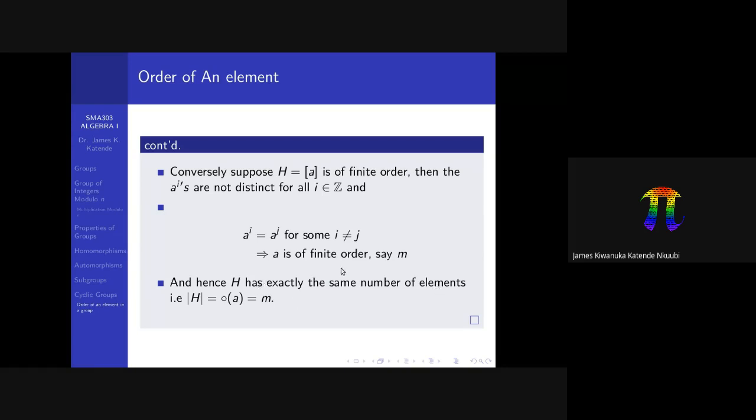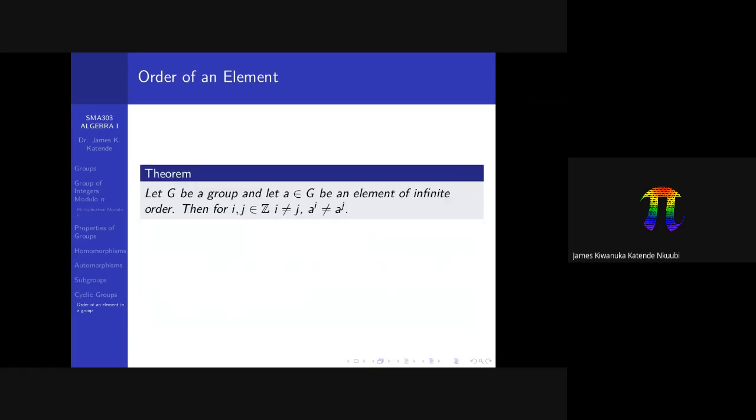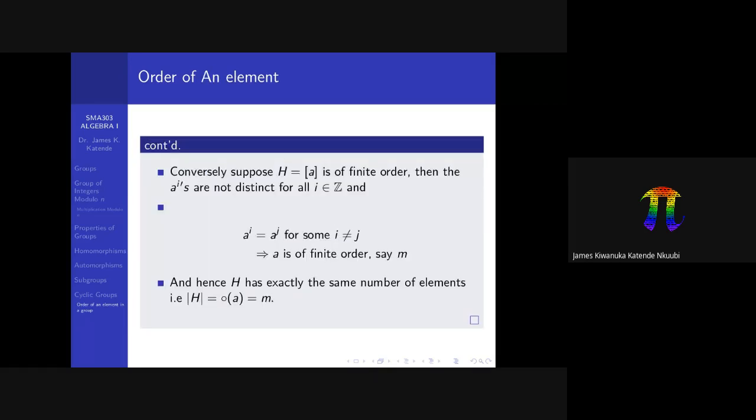So then H will have exactly the same number of elements, which is M, right? As we had shown in the previous part. So if the order of H is finite, then it will be equal to the order of the element A, which generates H.